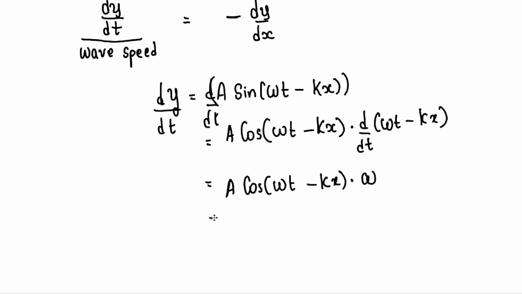So finally we get a omega cos(omega t minus kx), that is the first element of the ratio, dy by dt.